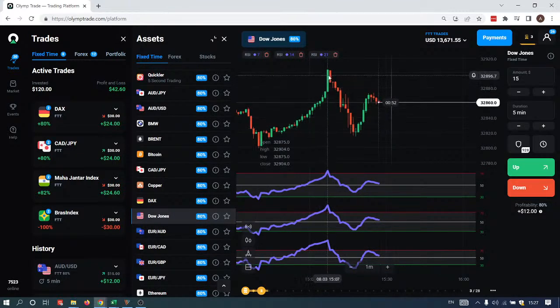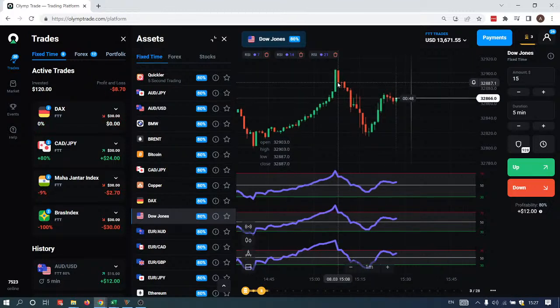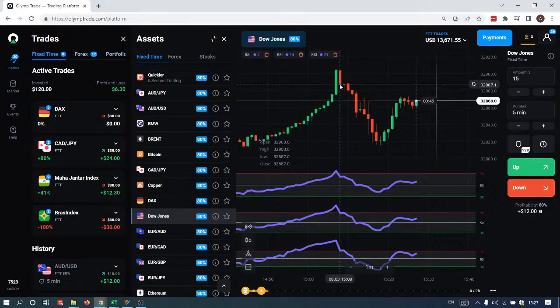Wow, look at this beautiful signal on Dow Jones. Of course, it's a past signal, so I would like to remind you once again that such signals cannot be used at this moment of time because the moment is gone. This signal was active 15 minutes ago, actually more than 20 minutes ago, and you can only use the signals that are currently happening.